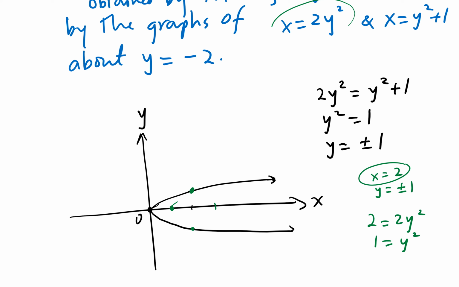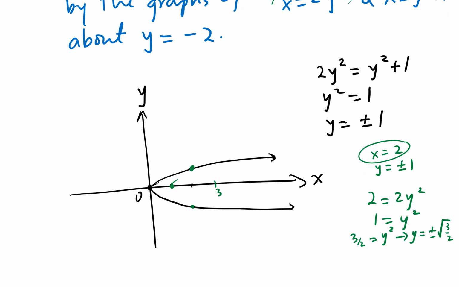If you take x equals 3, for the first one y squared is 3 over 2, so y is plus or minus root 3 over 2. For the other one, if x is 3, it's going to be bigger. So the green curve goes past the other curve like that. This is x equals y squared plus 1, and that's the region they form together.